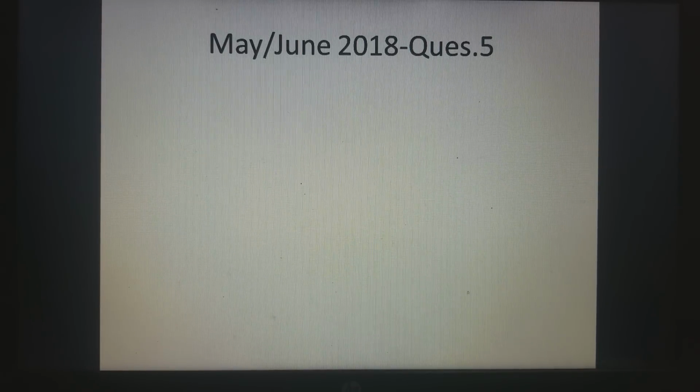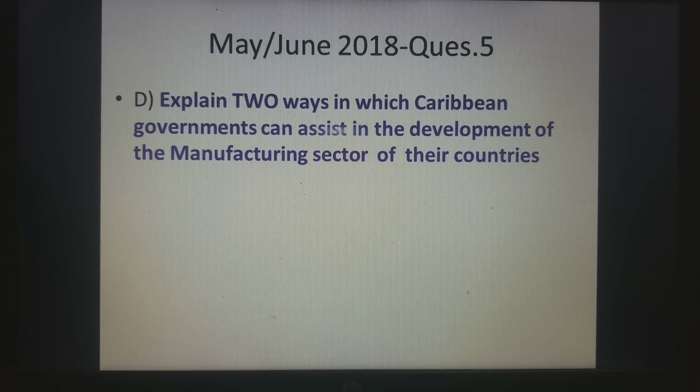Question D. Explain 2 ways in which Caribbean governments can assist in the development of the manufacturing sector in your country. So we're to tell 2 ways.